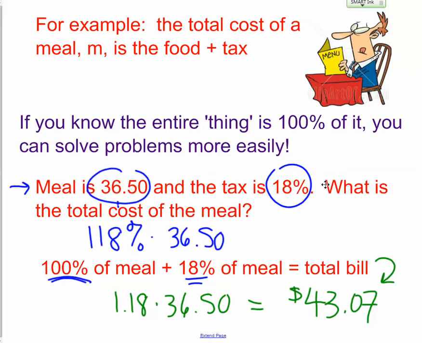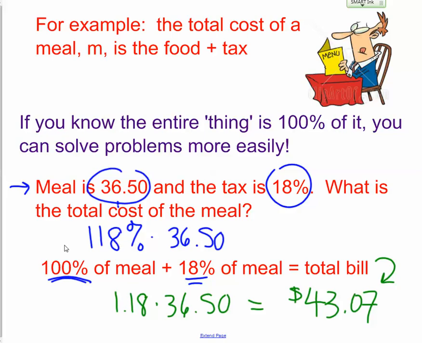Alright, then we went to a real problem where I'm going to have to pay for my meal, and I'm going to have to pay the tax on my meal. So 100% of my meal is 100%, and 18% of my meal is 18%. So if I add these two percents, I need to find 118% of my meal. I have to pay for all of the meal plus the tax. So I can do this in one step rather than two separate steps, I'll show you the two steps in a minute.